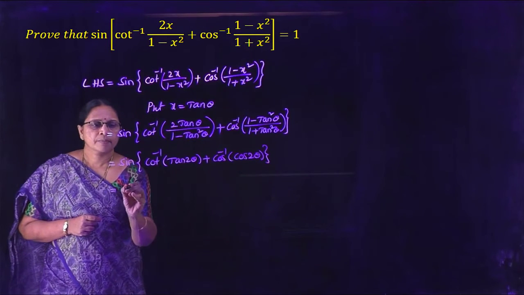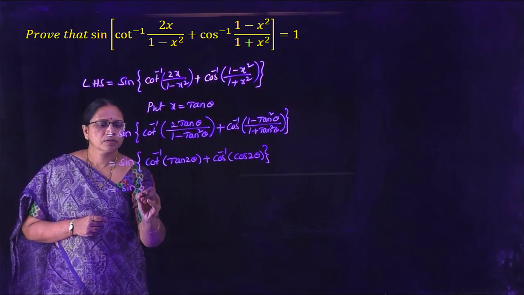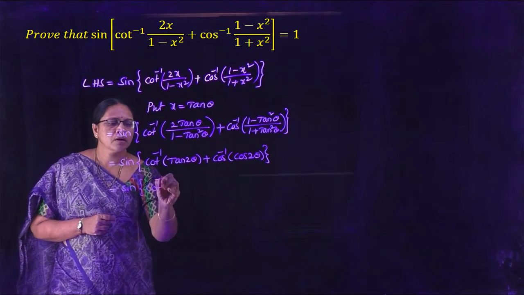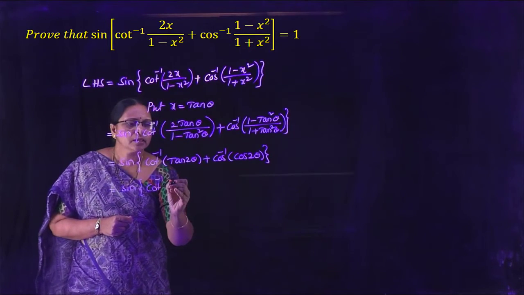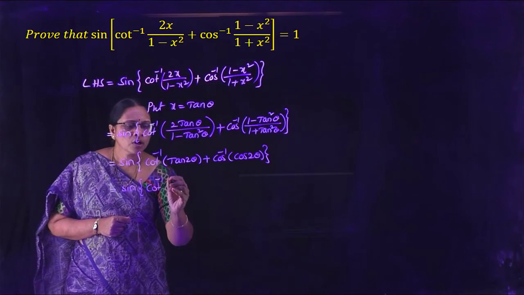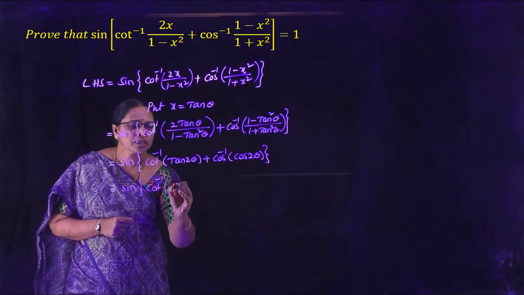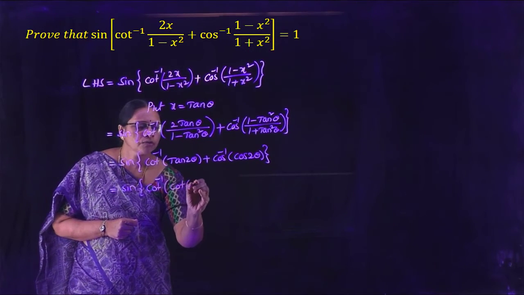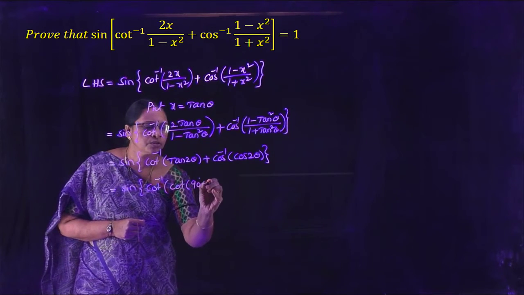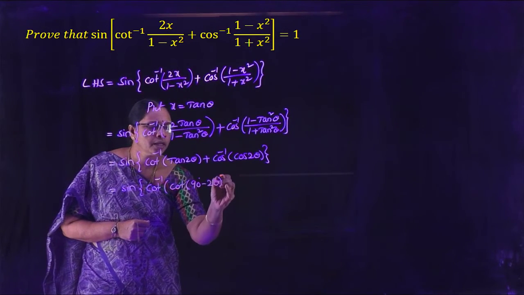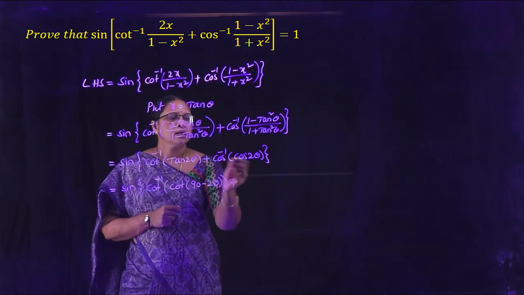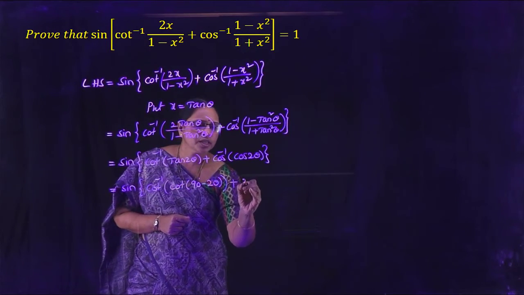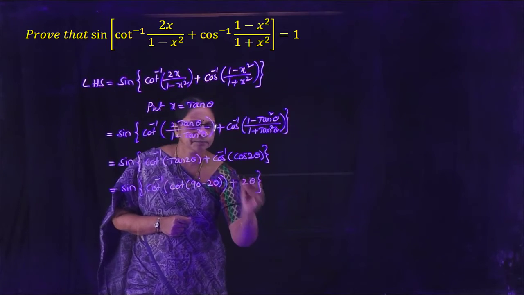That equals sine of cot inverse of, we convert tan 2 theta into cot of an angle, that is cot of 90 minus 2 theta, plus here cos inverse of cos 2 theta is 2 theta.